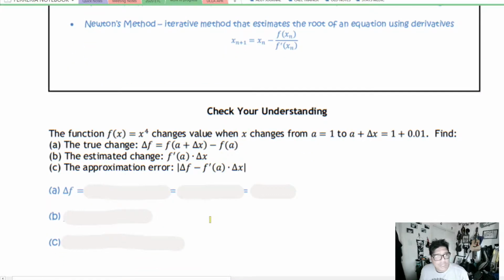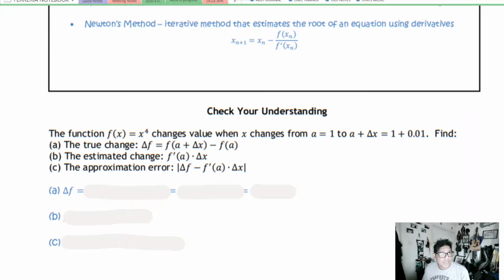Okay, the function f of x equals x to the fourth changes value when x changes from a equals 1 to a plus delta x, which equals 1 plus 0.01.